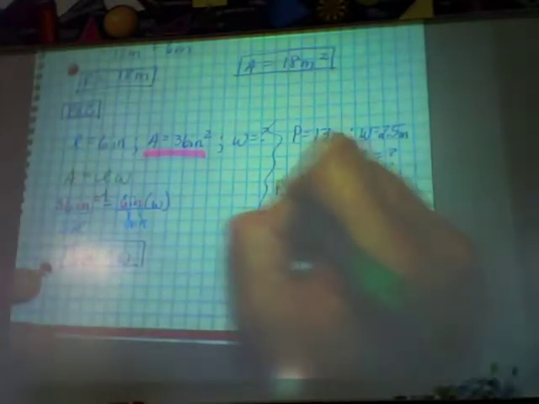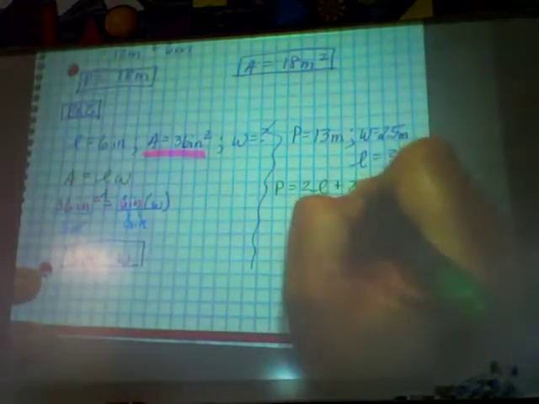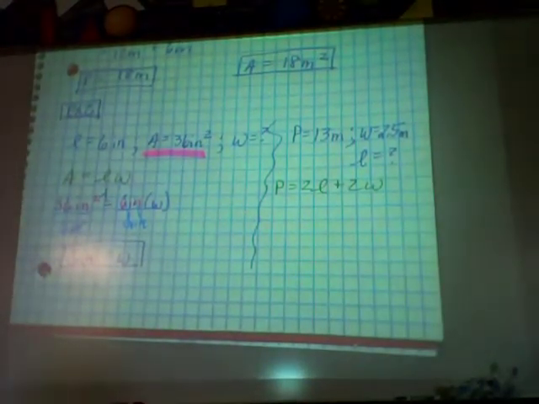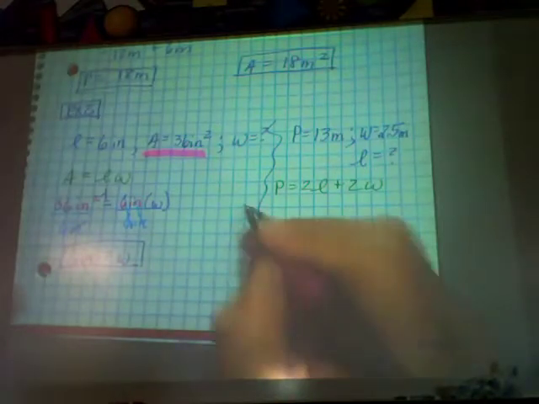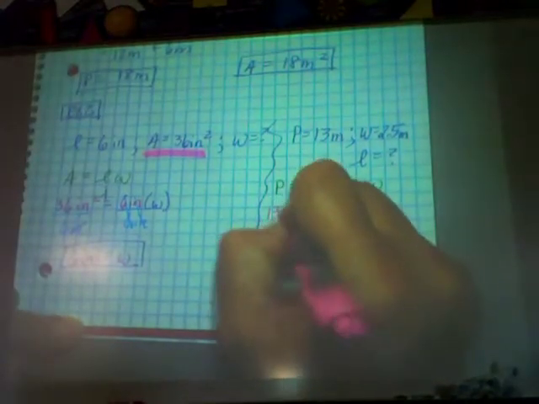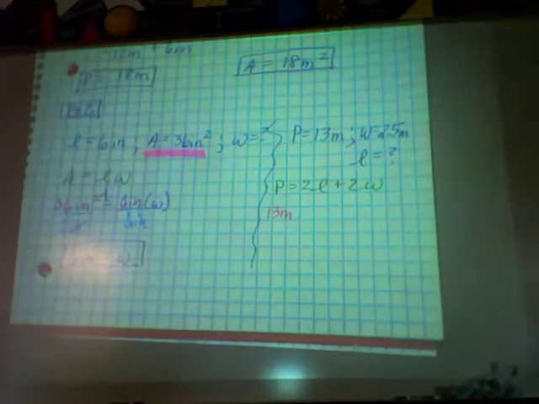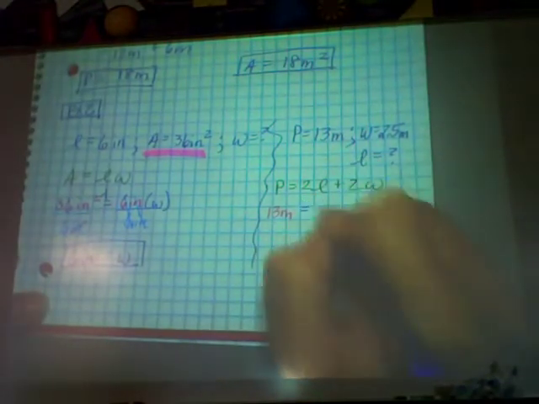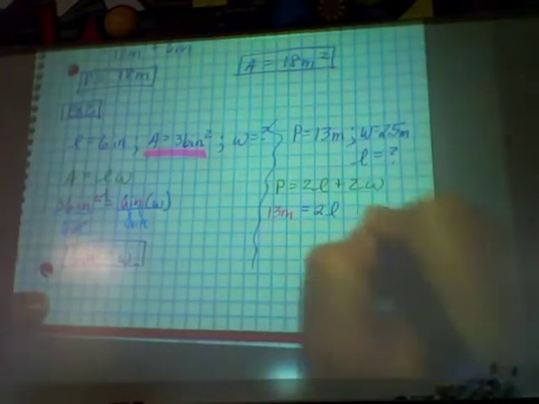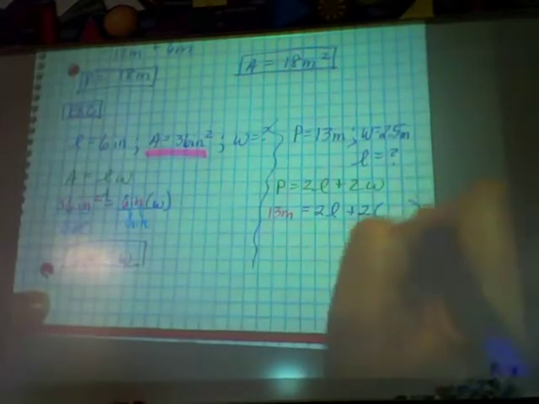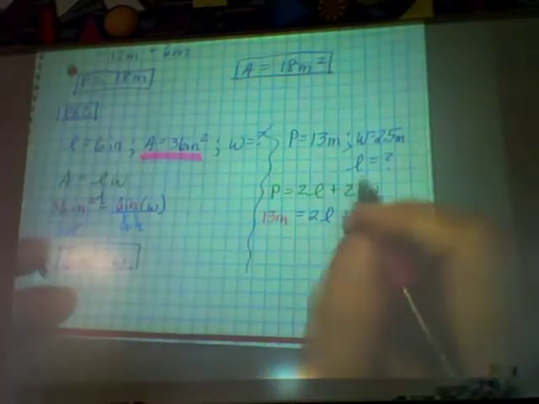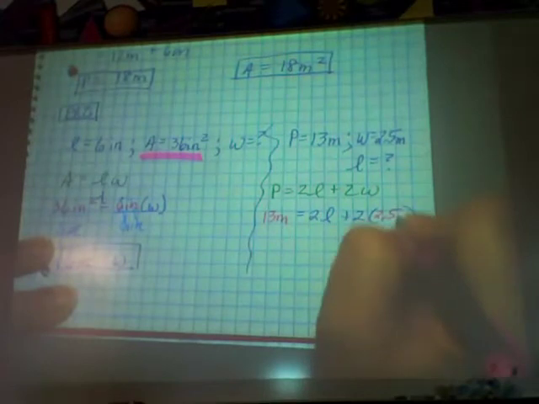I would start with your perimeter formula, the one that we used above. So twice your length plus twice your width. Plug in what you know. I've got 13 meters is equal to 2L plus 2 times 2.5 meters.